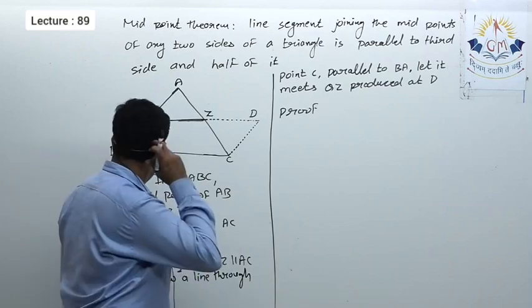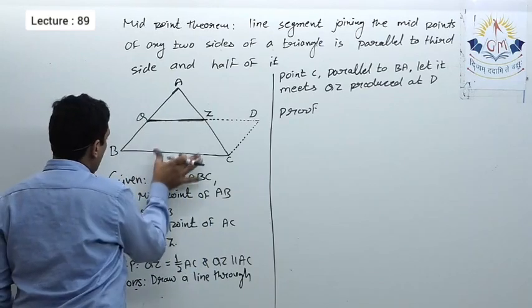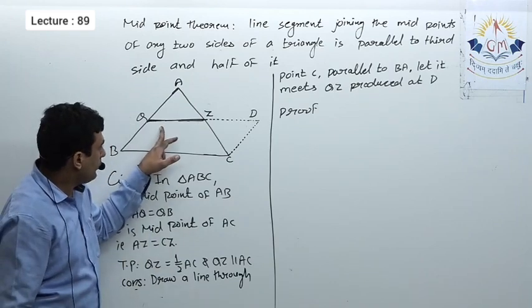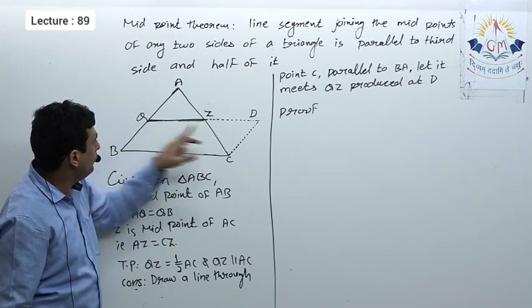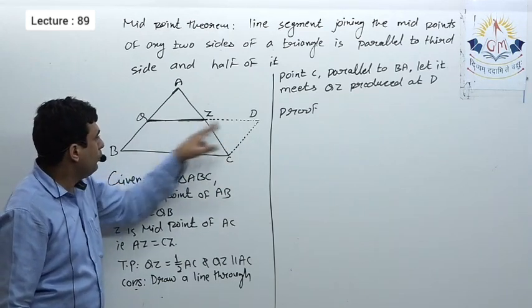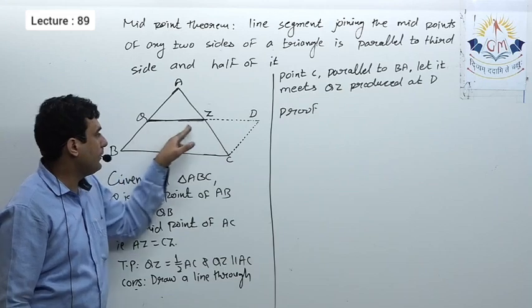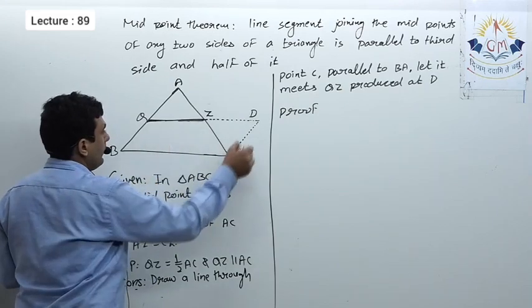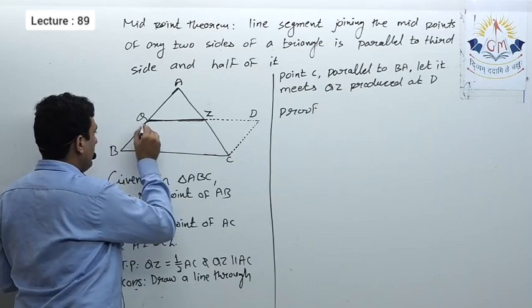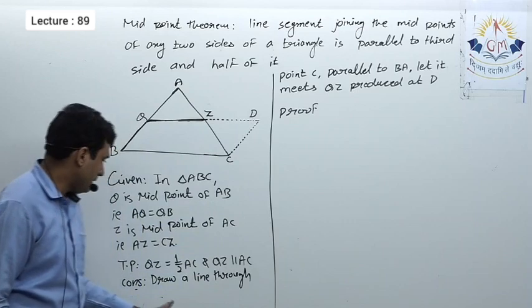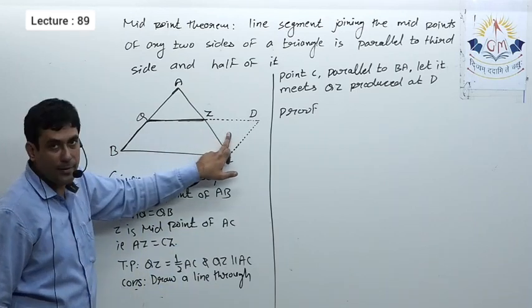Now we have to prove QZ is equal to half BC and QZ parallel BC. See, if it is possible to prove QDCB is a parallelogram, we can say QD parallel BC, and so QZ parallel BC. To say this is a parallelogram, we have the information that BQ is parallel to CD by construction.